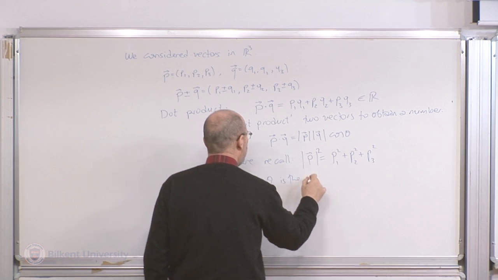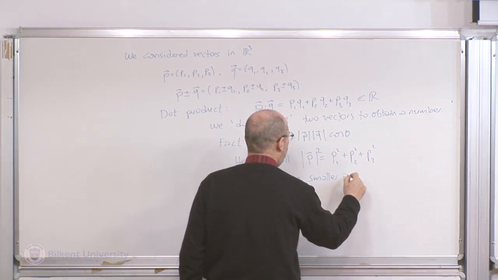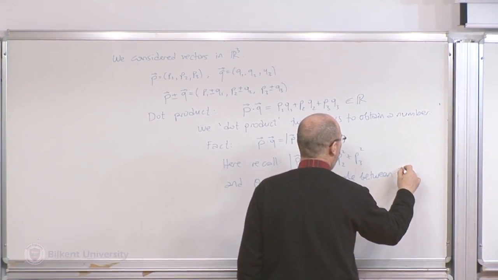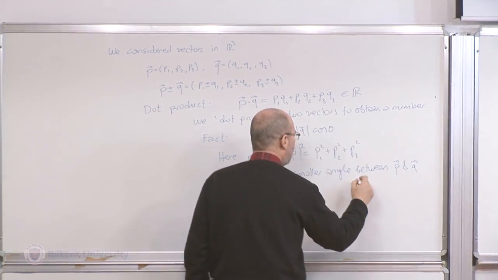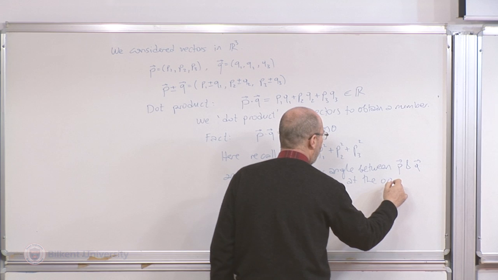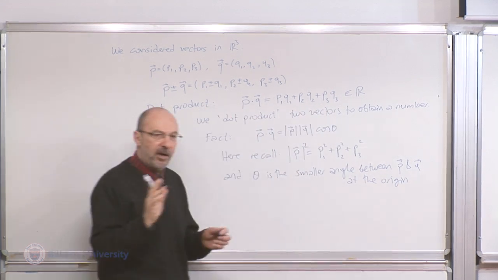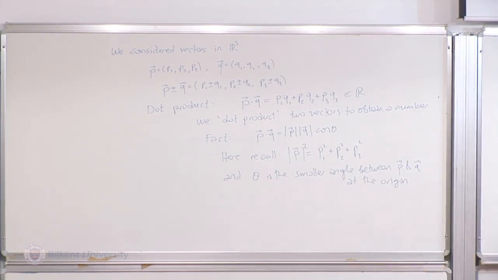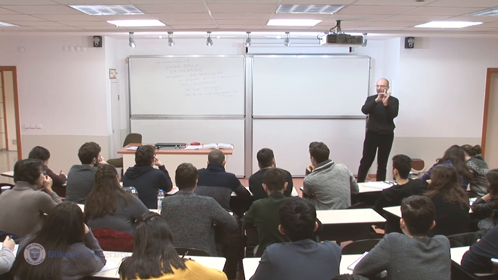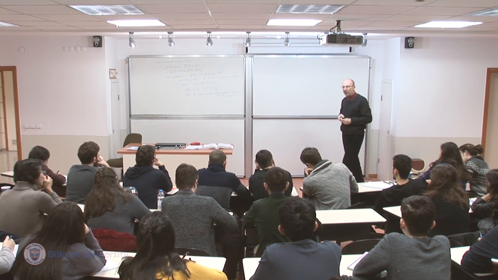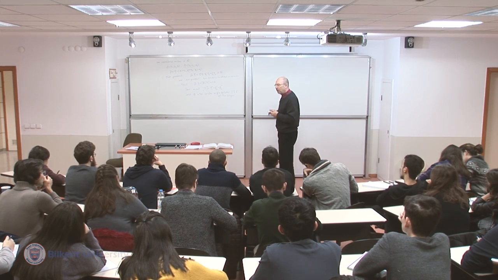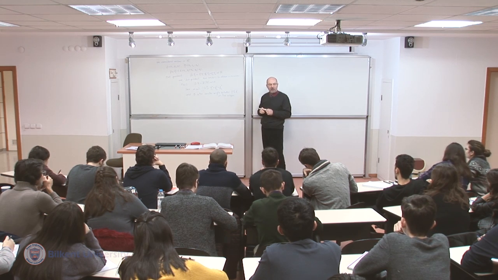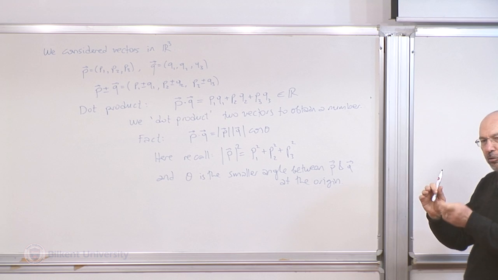theta is the smaller angle between P and Q, at the origin. Remember all vectors are considered starting from the origin. At the origin, you consider these two rays, and there are two angles, the inside angle that we have in our mind and the outside angle. It depends on where you stand, but there are two angles.